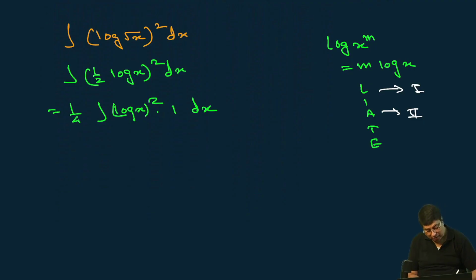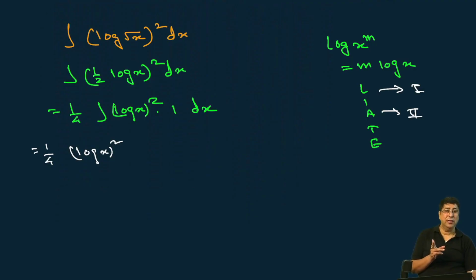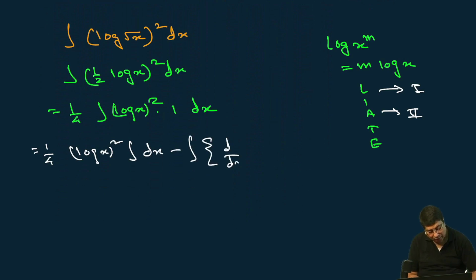Therefore, I can say here 1/4 outside, u, by seeing the sum, we can say that log x whole square, once it will be differentiated as the first function, that is log x. Once again, log x derivative, or once again we have to do the by parts. So log x whole square into dx integration x minus, I am writing in detail, derivative of log x whole square integration of 1 dx on total result once more integration.